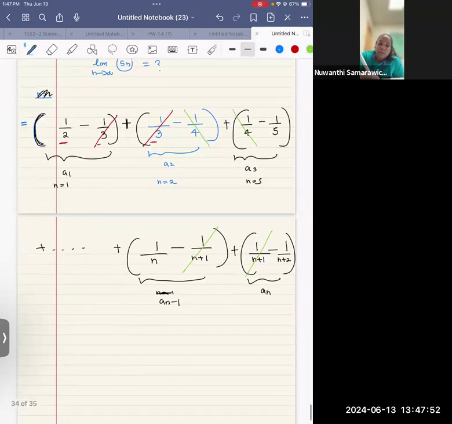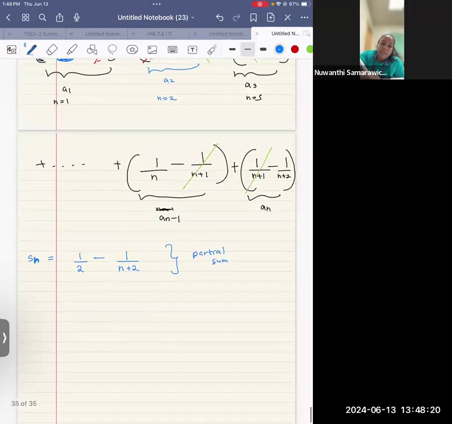So your partial sum Sn will have the first term, which is a half, that didn't cancel. And the last term is there, that is 1 over n plus 2. This is your partial sum. Now you can just check the limit when n approaches infinity.